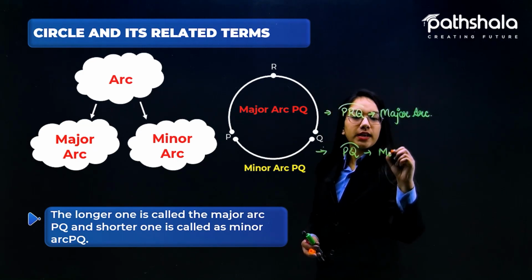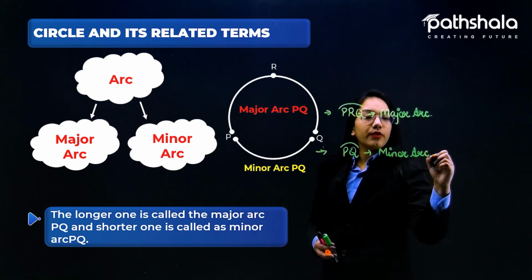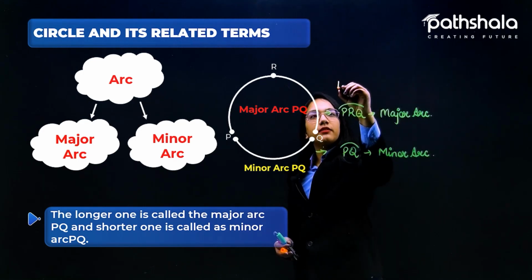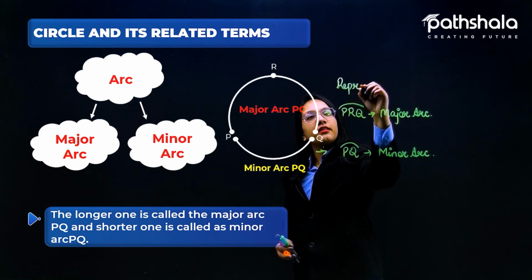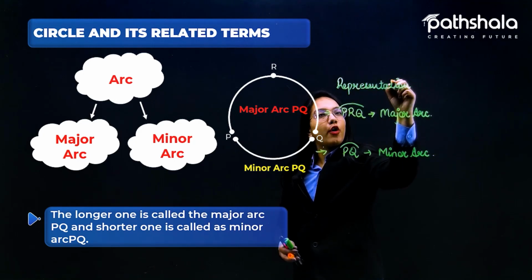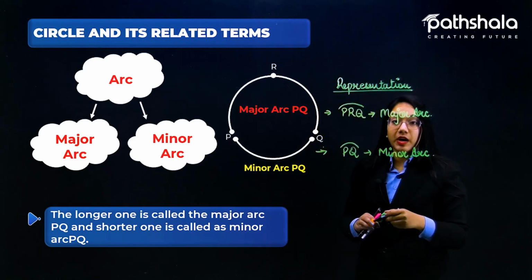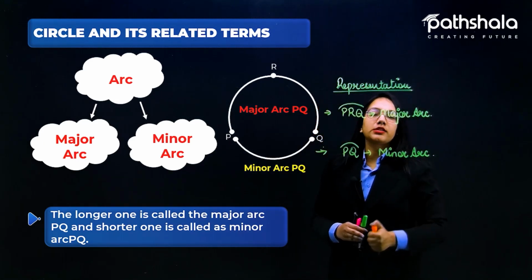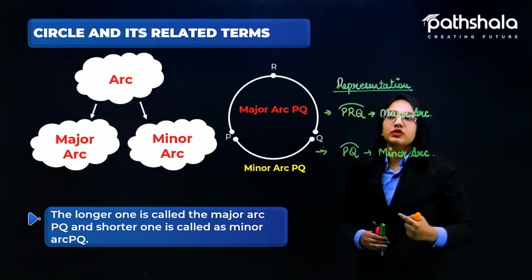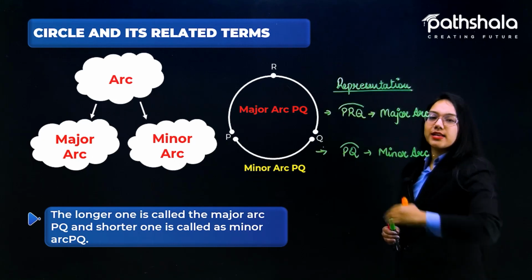So always remember, whenever we represent them, the representation should be of this form. A major arc is always represented as PRQ with the symbol of arc on it, and the minor arc is represented as this one.